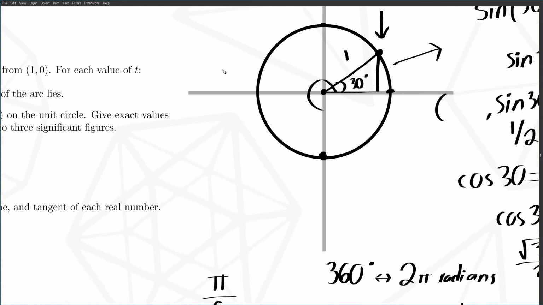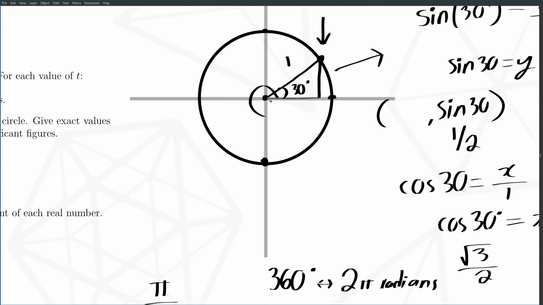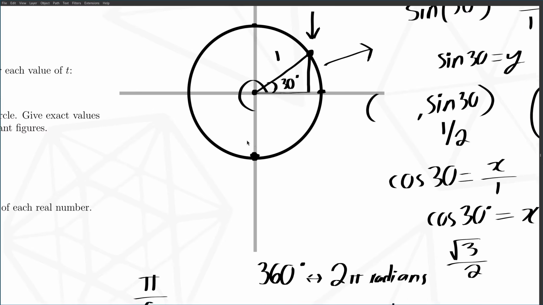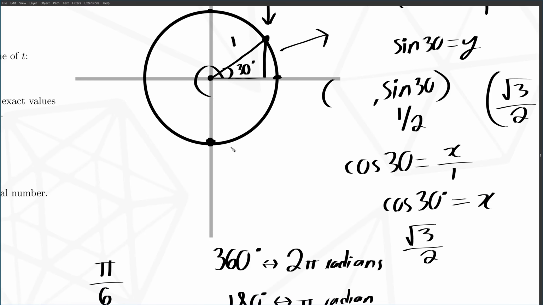Okay, so we're asked to find where this point would end up. Notice here that when we rotated this point along the circle a perfect 270 degrees, these are easy coordinates. You can just look at this and immediately tell right away, since it has a radius of 1, that's going to be 0, comma, negative 1.